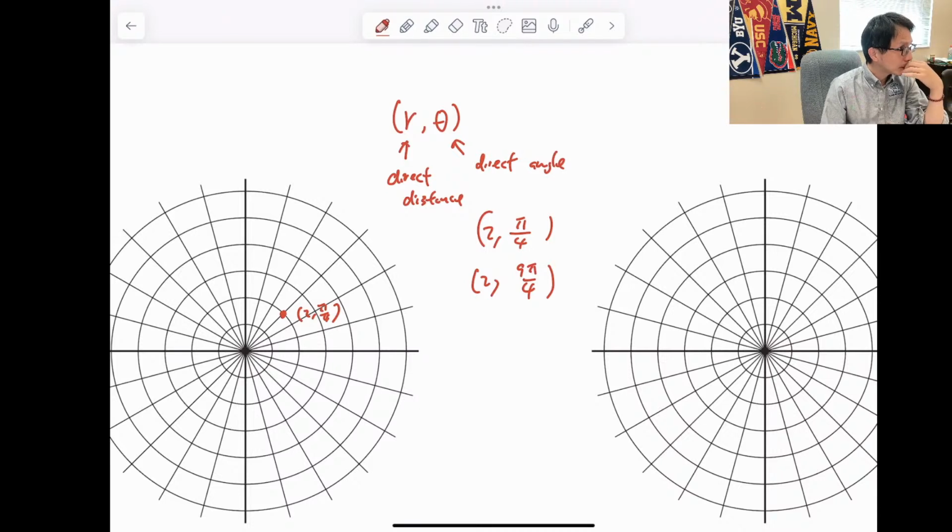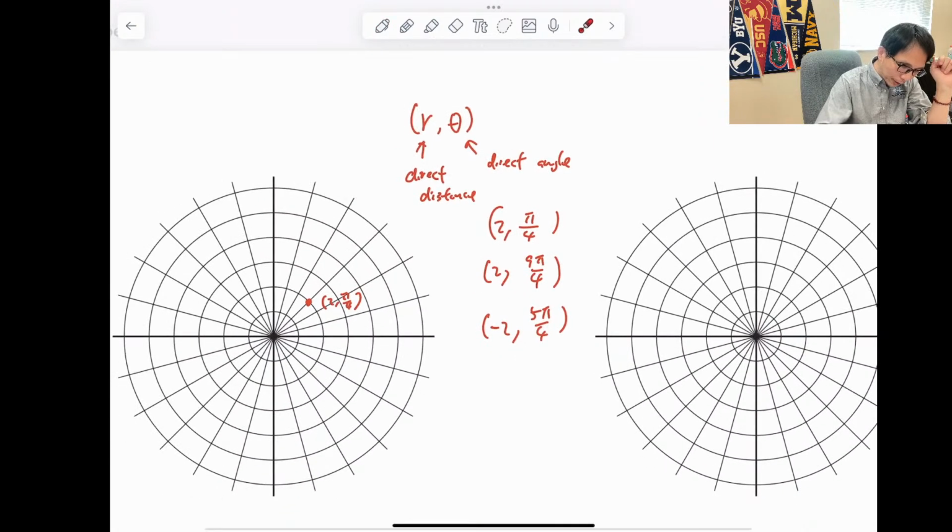Does that make sense? But you can also do negative r as well. You can do -2. Why -2? Because you can go to 5 pi by 4. 5 pi by 4 is roughly right here. This is the center, and it represents the same exact coordinate.